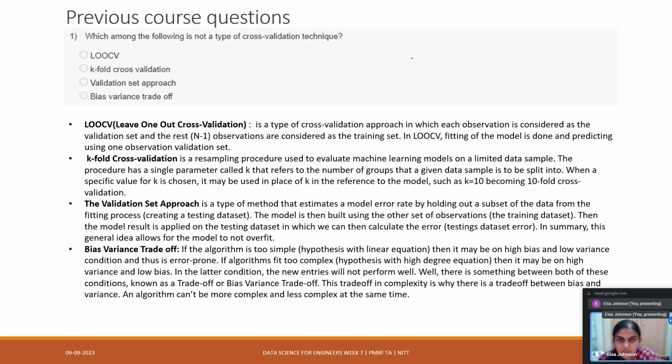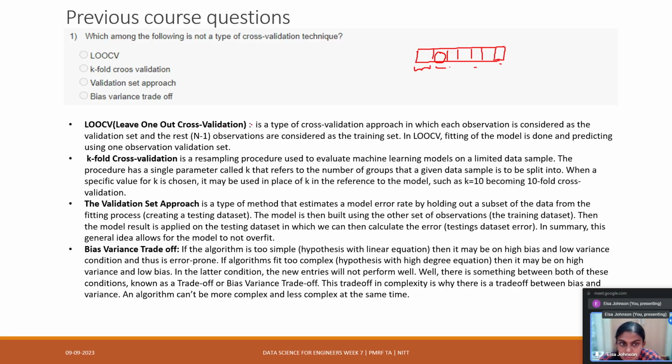For example, I am considering this as the block, having this many observations. First you will leave one out and take all the rest as the training set. Then you will take this particular one out and take all the rest as the training set. So that means it is leave one out cross validation.